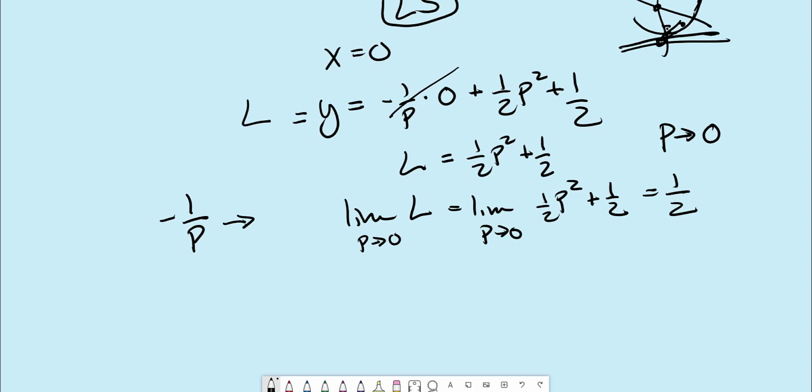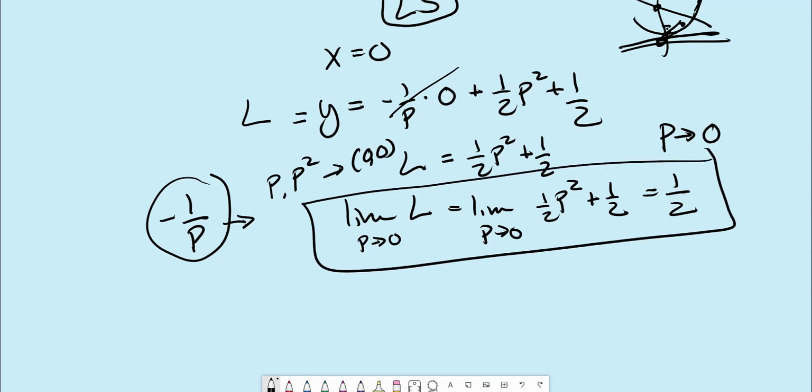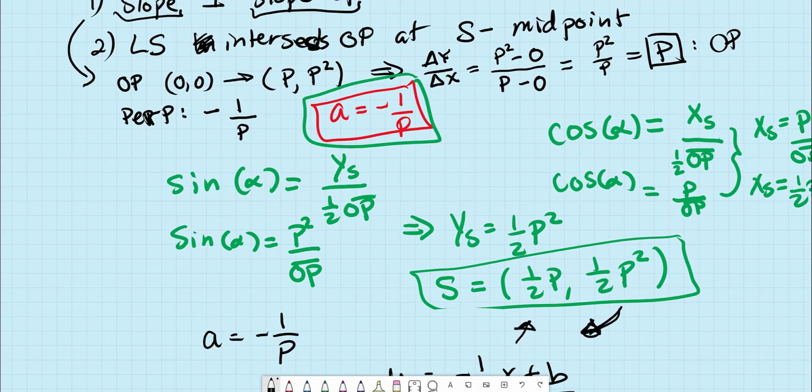And so what we find is that this becomes very, very big, but as the point p and p squared go to 0, the combination of those two leads to a limit that is finite. And that is kind of surprising, and we wouldn't have realized that by just looking at our initial diagram of the problem.